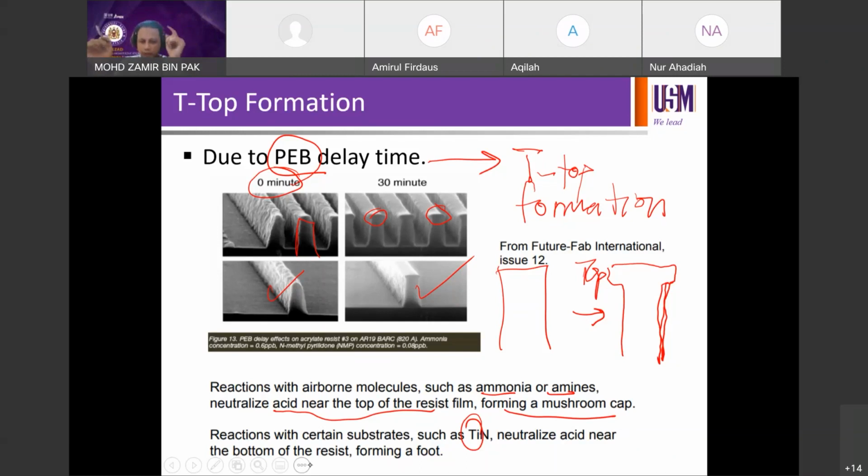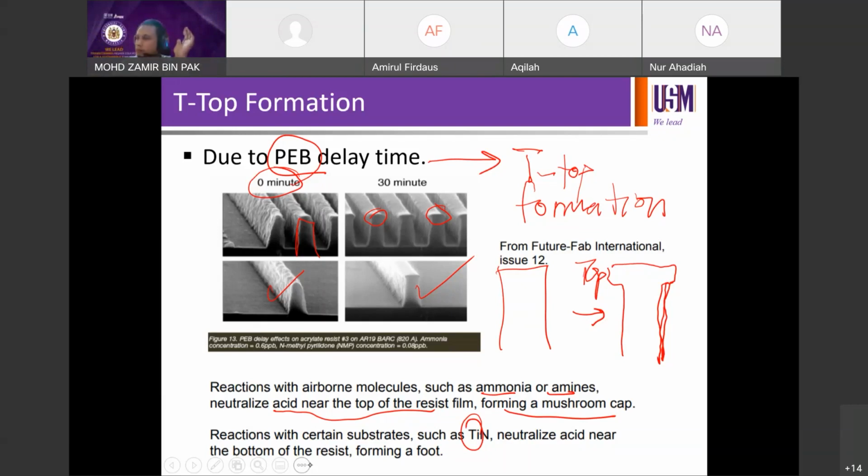So ammonia is one of the main parameters that is under control because you don't want to induce T-top formation in the fab. Just imagine if your ammonia exceeds a certain level, although it's not dangerous to human exposure, human interaction, it already interacts with the resist, and that causes the T-top issue. Okay, T-top issue. That's good.